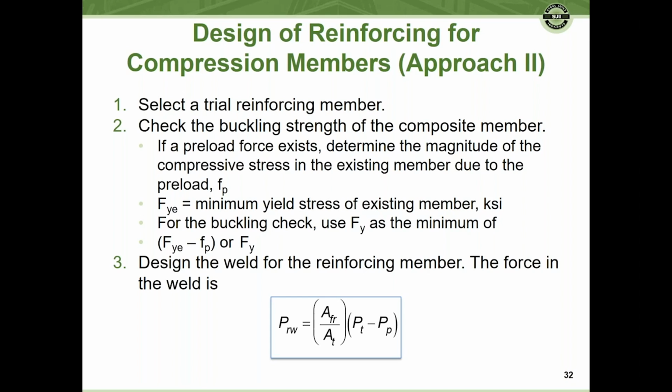If a preload exists, determine the magnitude of the compressive stress in the existing member due to the preload. And then for the buckling check, use Fy as the minimum of what's shown here. And design the weld. We always need to remember to design the weld for the reinforcing member. And the force in the weld essentially is the same proportion equation that we talked about before.